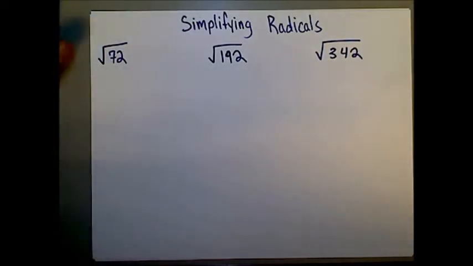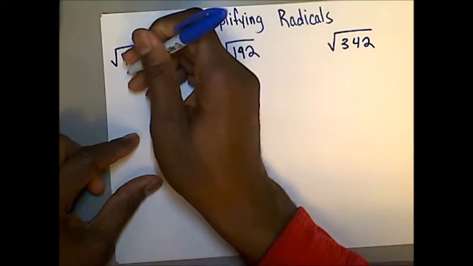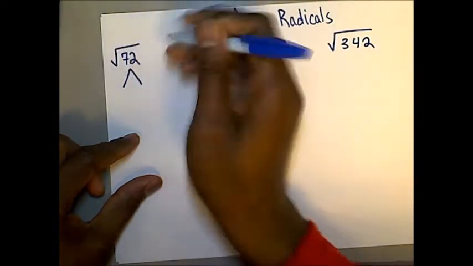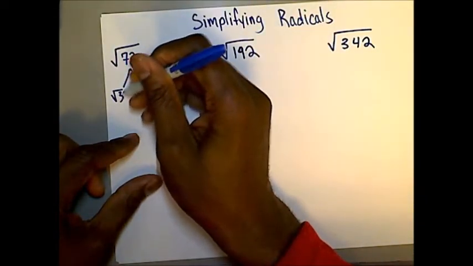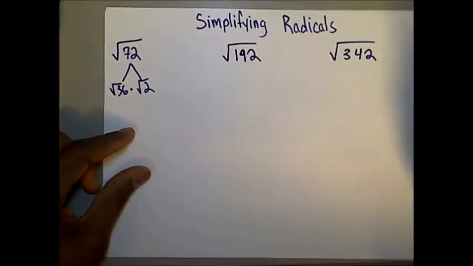So 72, for example. Well, the highest perfect square that goes into 72 would be 36, because 36 times 2 is 72, and conversely 72 divided by 36 is 2. So I can rewrite the square root of 72 as the square root of 36 times the square root of 2.